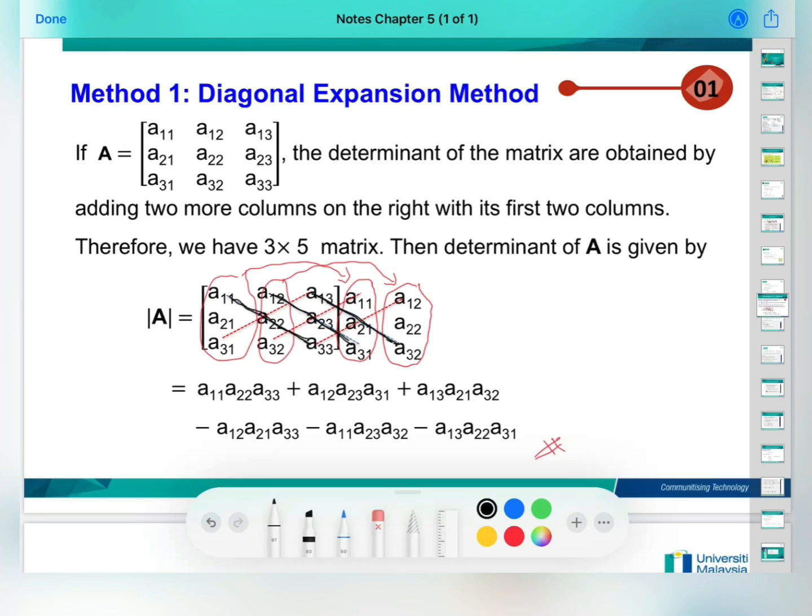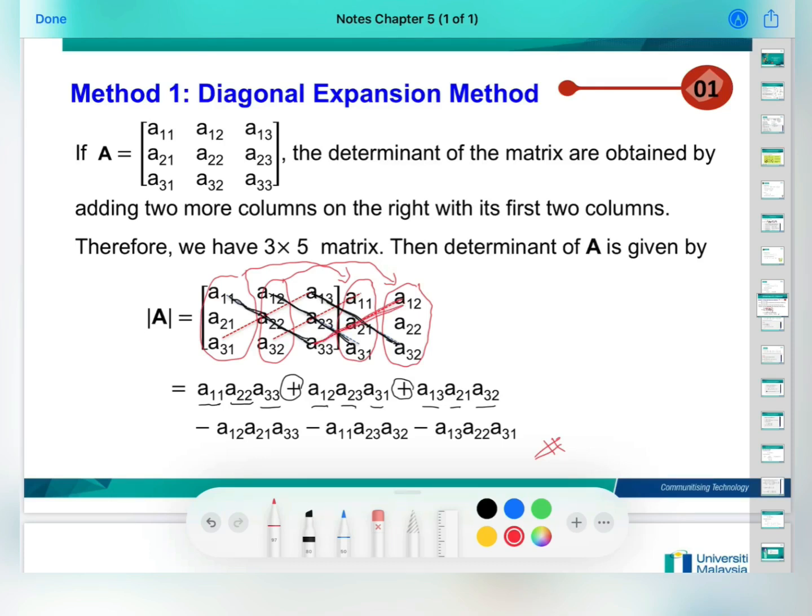So you have A11 times A22 times A33, plus another black line which is A12 times A23 times A31, and then you add again the third black line which is A13, A21 and A32. And then you have to subtract with the red lines.